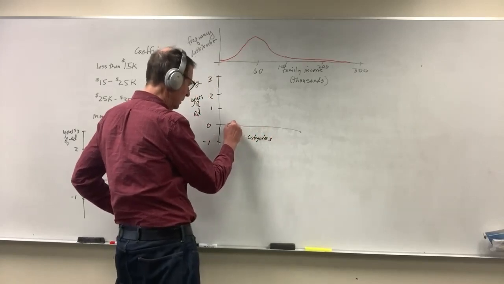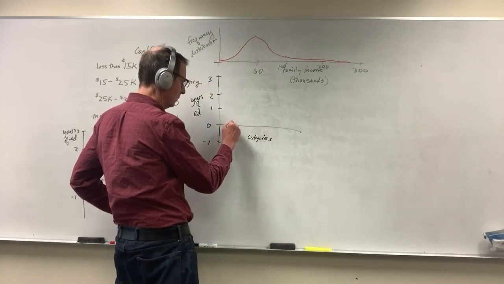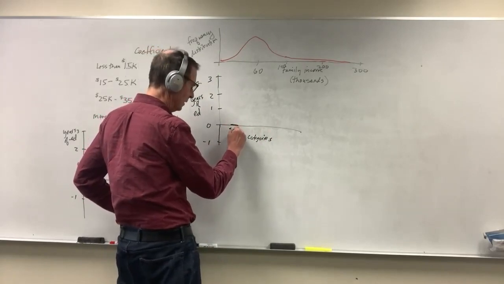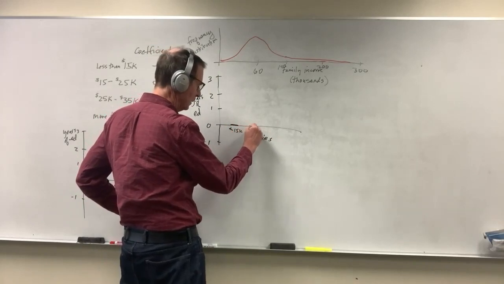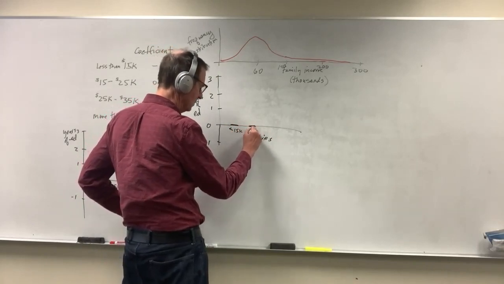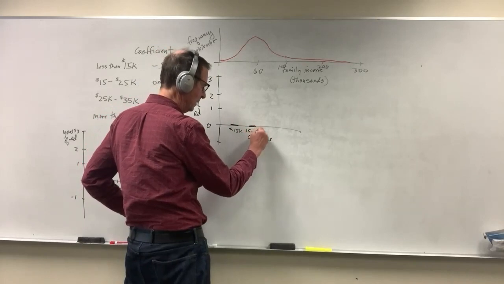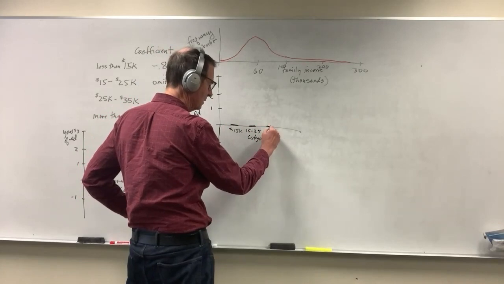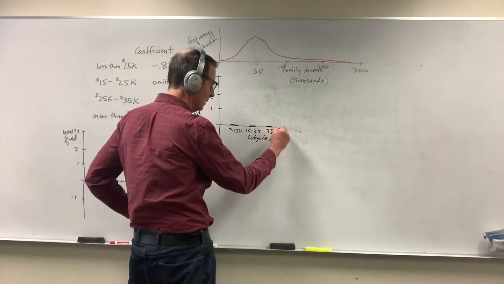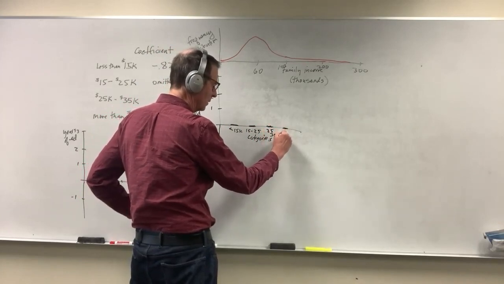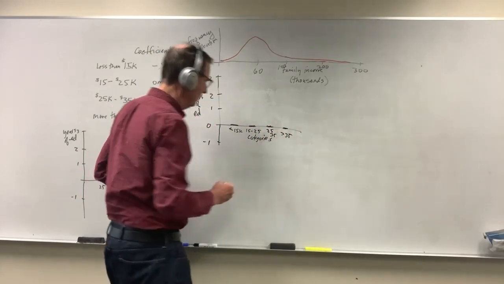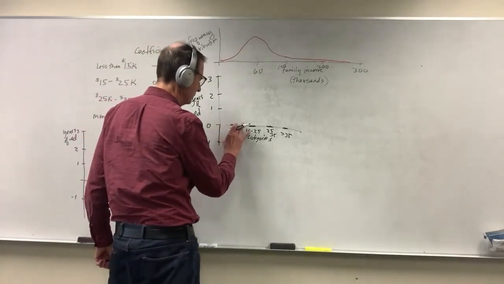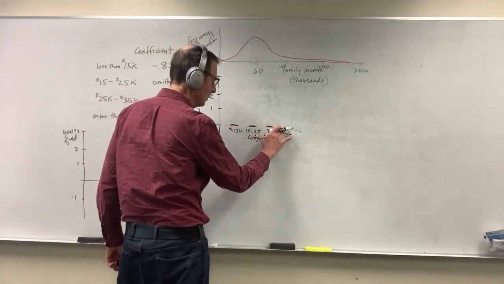And one category is this less than 15 category. Then we have a 15 to 25 category, then a 25 to 35 category, and then we have a greater than 35 category. Right, so it's not a continuous scale, it's just four different categories.